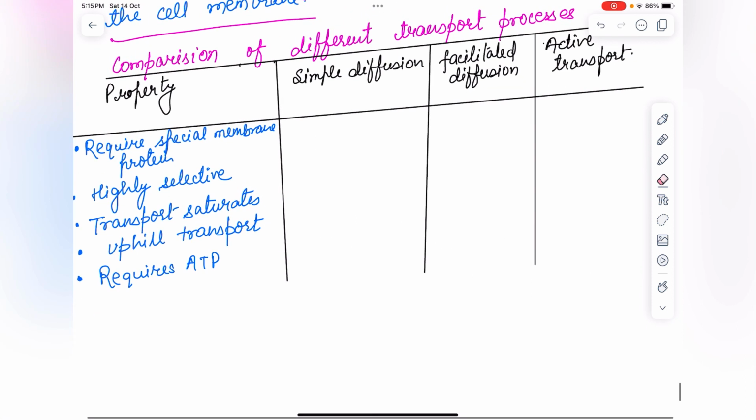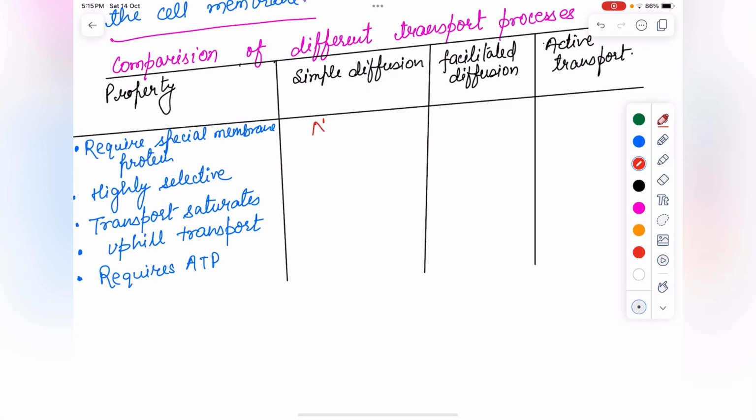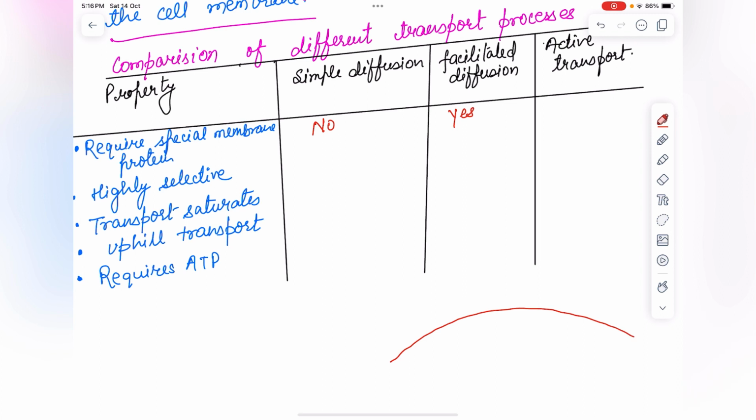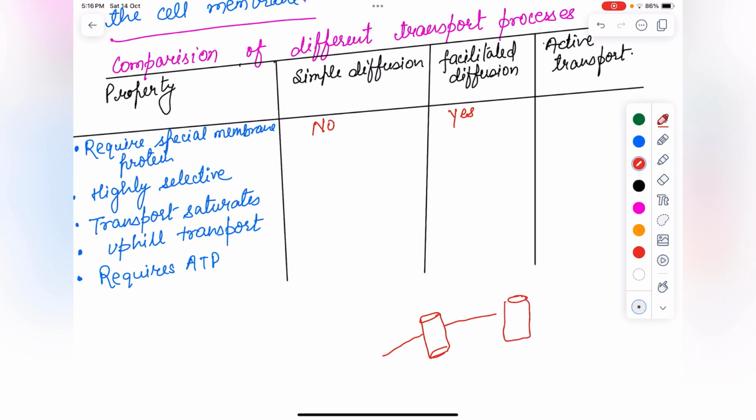So first, simple diffusion: no. Facilitated diffusion: yes. Why yes? Because for facilitated diffusion, as I told you, if there is a membrane, it requires a protein channel through which the facilitated diffusion takes place.